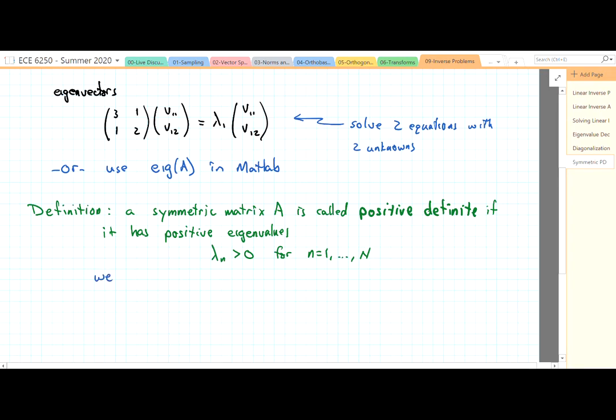If it's not strictly greater than 0, we can call it positive semi-definite, as long as the eigenvalues are not negative. So greater than or equal to 0 for n ranging between 1 and n.